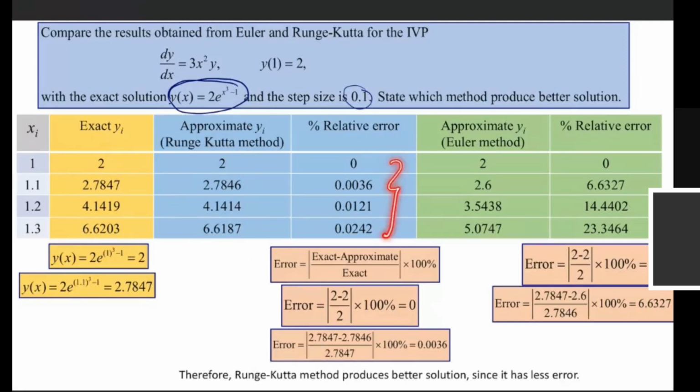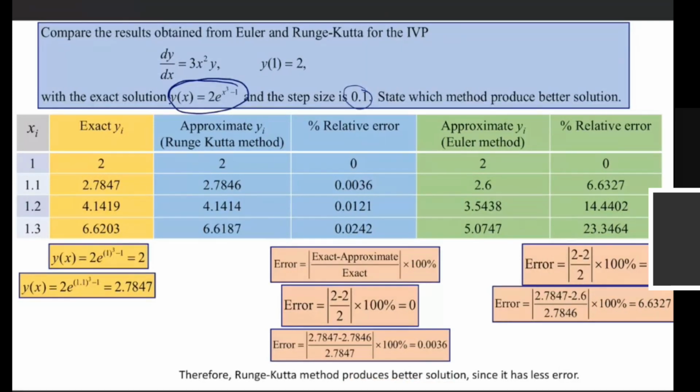So this is the approximate solution and this is the real solution. And you will get this is the error for Runge-Kutta and this one the error for Euler method. So you can see that using Runge-Kutta the error is smaller when compared to Euler method.